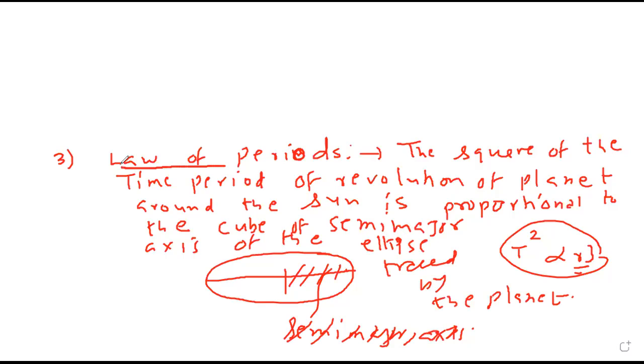The square of time period of revolution of planet around sun is proportional to the cube of semi-major axis of ellipse traced by the planet. Okay, write down.